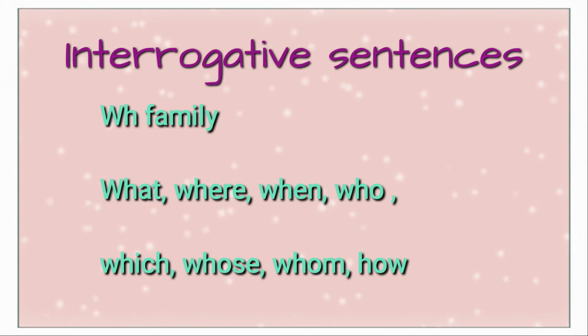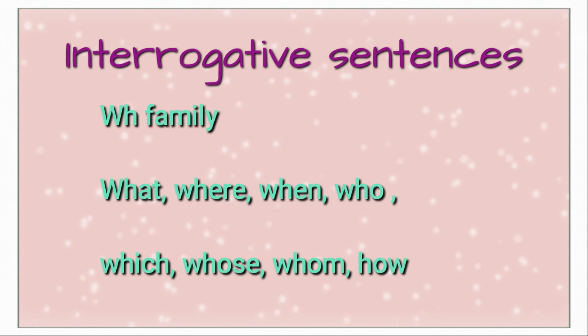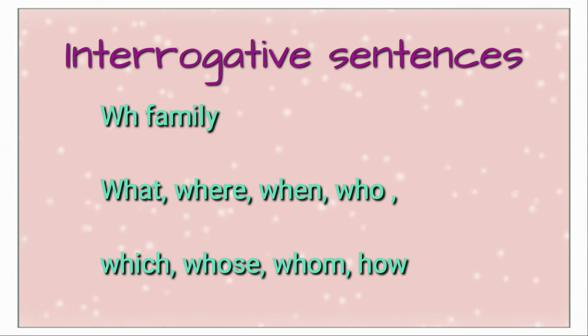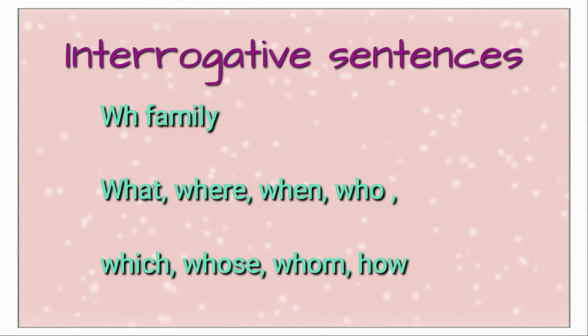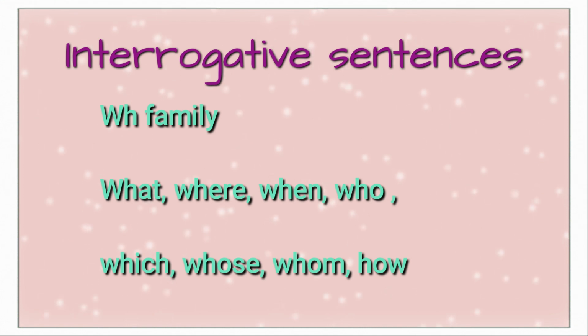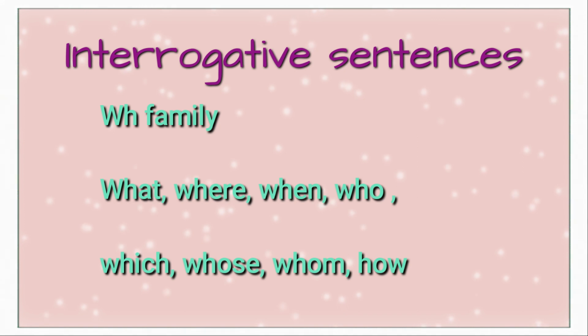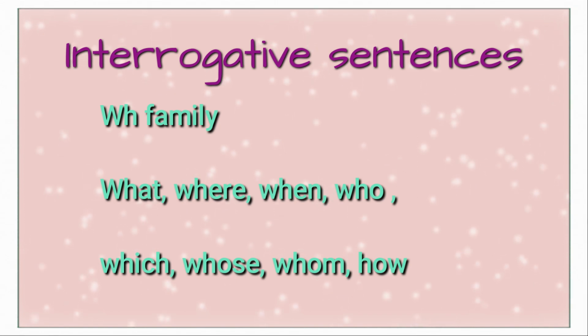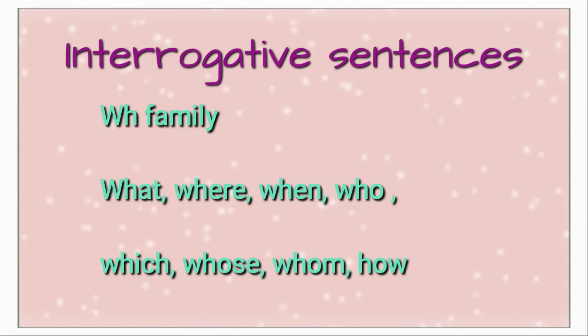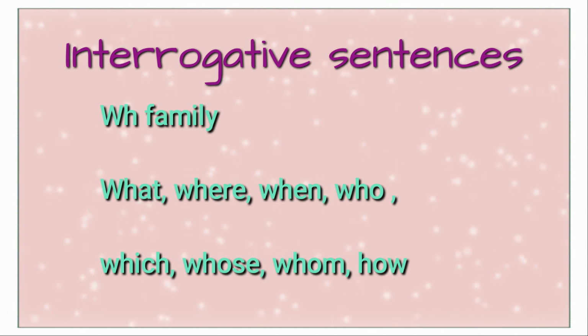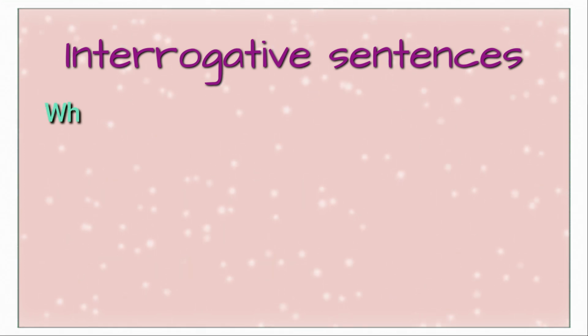They are called the WH family. When we ask questions, we use this WH family. So how will we make sentences using this WH family? Now we will see the rules to make interrogative sentences using WH family words.